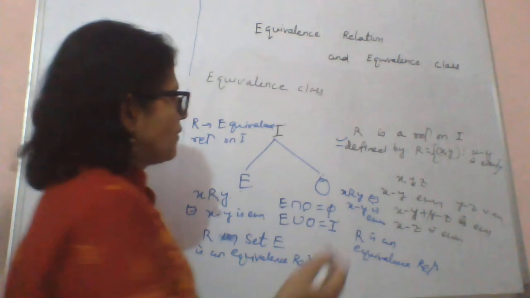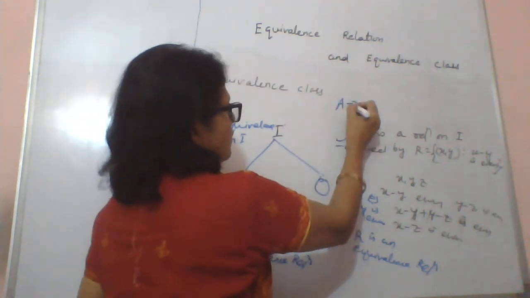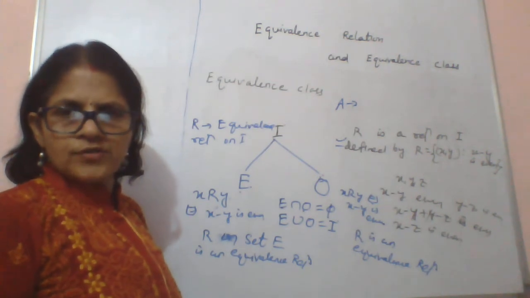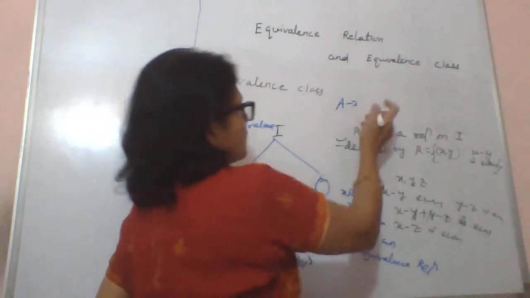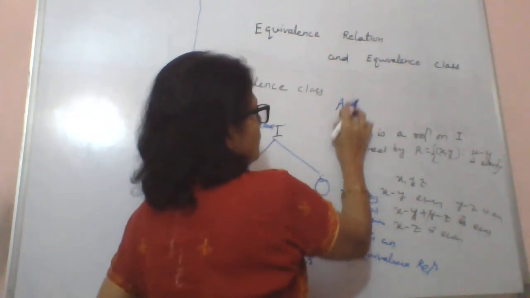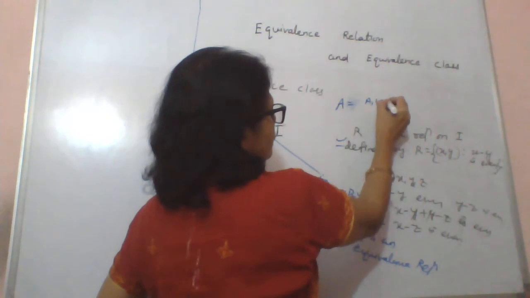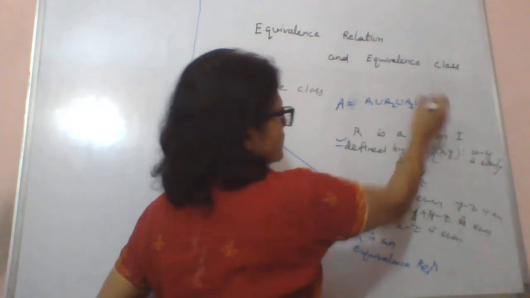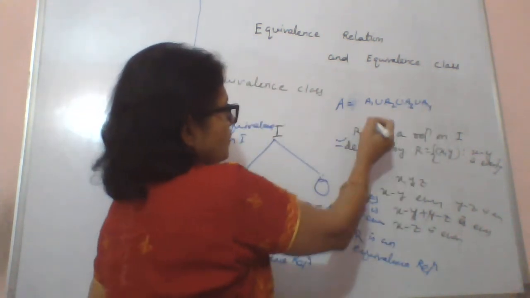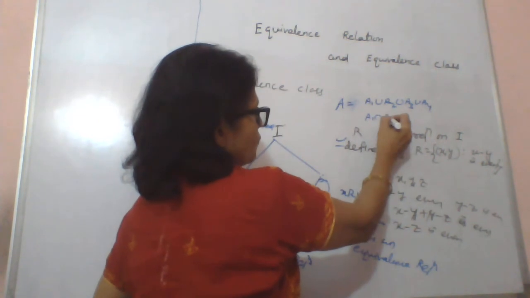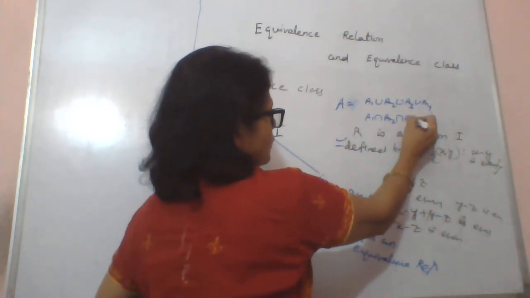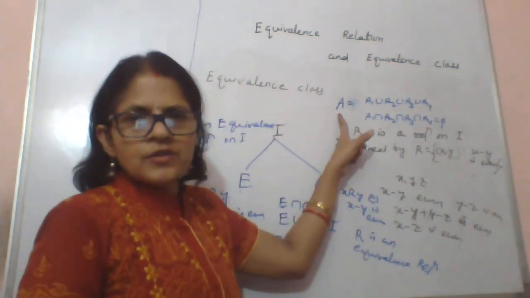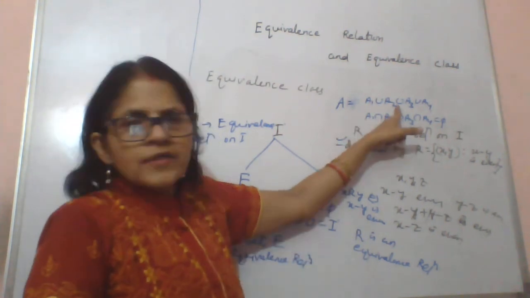Say A is a set given to us and R is an equivalence relation on set A. If I take A equal to A1 union A2 union A3 union A4, for example, and at the same time A1 intersection A2 intersection A3 intersection A4 equals the empty set, it means A is split into 4 disjoint subsets.